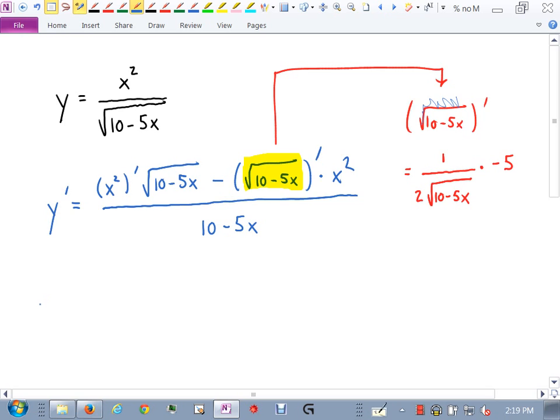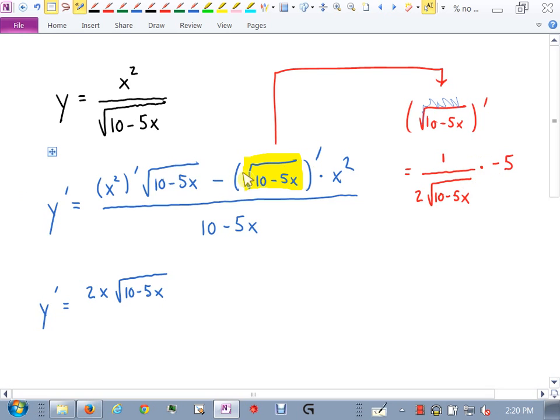So I'm going to rewrite it now. Y prime equals, what's the derivative of x squared here? 2x, root 10 minus 5x. And then here comes that ugly thing. Oh yeah, that thing that we got was negative, wasn't it?